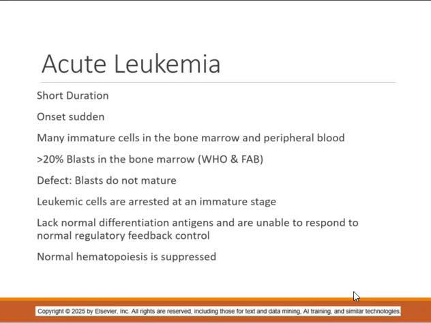Normally there's a feedback mechanism that controls the cells to grow. Without the proper regulation of feedback, the cells aren't doing what they're supposed to do. They're not controlled correctly, so that will cause hematopoiesis to be all messed up. Normal hematopoiesis does not occur anymore.